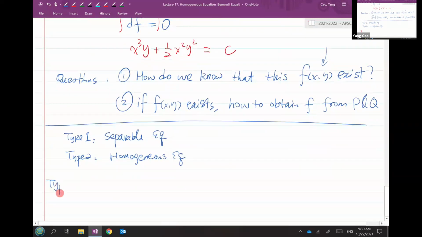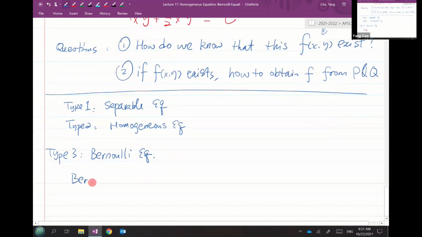Here comes the 3rd type, which is also the last type that we're going to deal with for first order differential equations, the so-called Bernoulli equation. Obviously, this type of equation is named after a mathematician called Bernoulli. So let's take a look at the format of this equation and how to solve it.